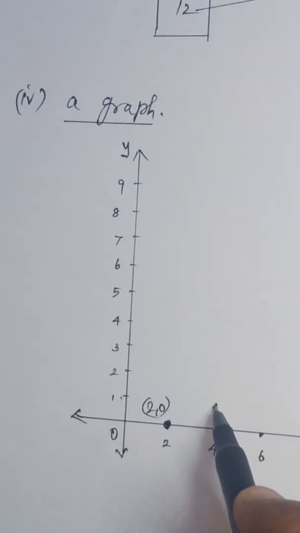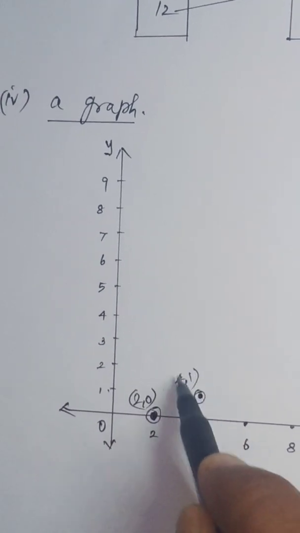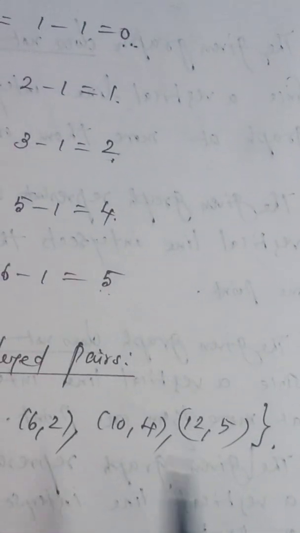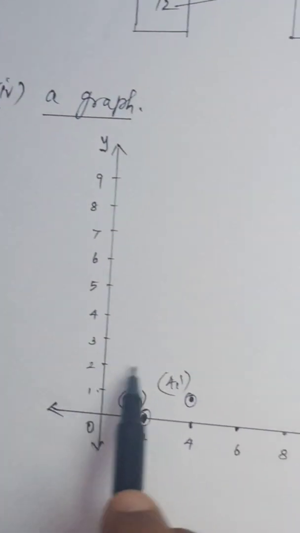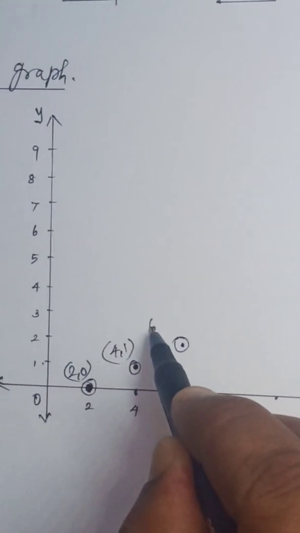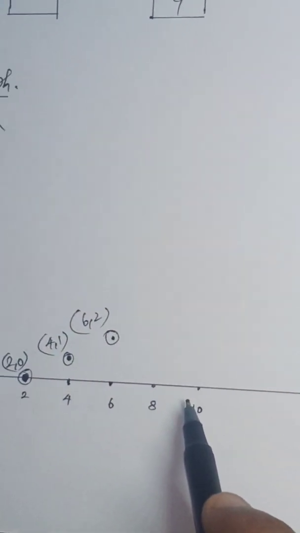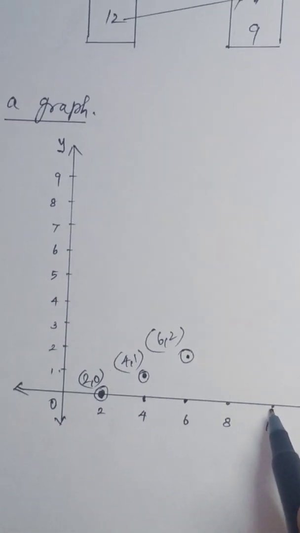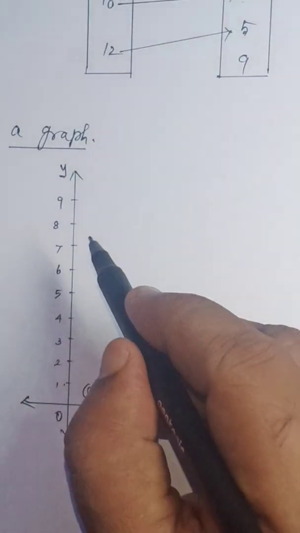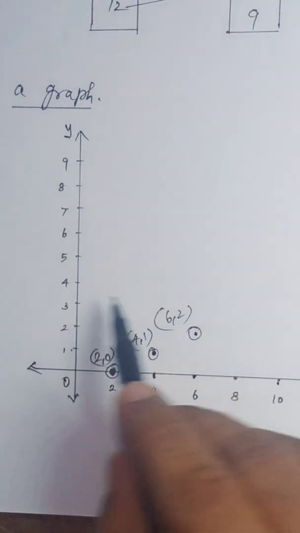This is the point 4, 1. Next one, 6, 2. 6 in x-axis, 2 in y-axis. Then 10, 4. 10 in x-axis, 4 in y-axis.